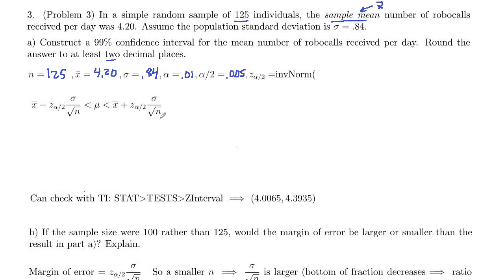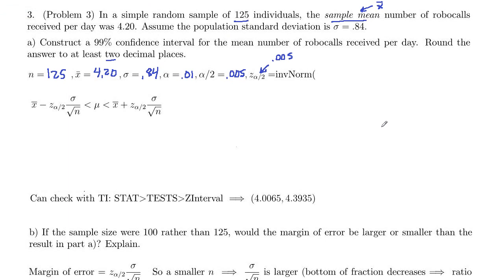So here's our confidence interval formula. We've got sigma, we've got n, we've got x bar, we need z alpha over 2. So z alpha over 2, remember, is the z value with that area to the right. So you use inverse norm to get areas. So alpha over 2 here is 0.005.